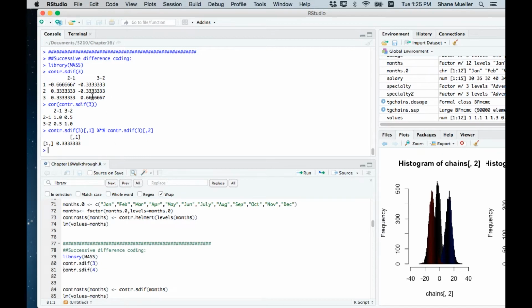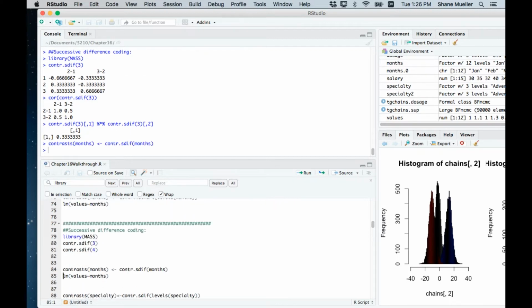So we can sacrifice that, but there's a benefit here because successive difference coding codes each element with respect to where a change happens. It's no longer coding one thing compared to everything previous, but comparing each thing to its previous thing.